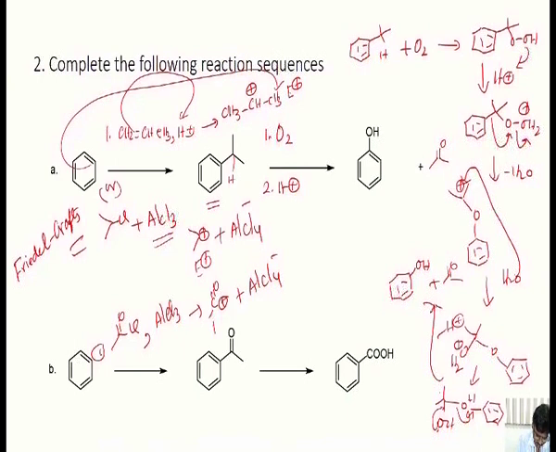This can act as electrophile, which can undergo acylation with this aromatic ring, as we have just seen, and you will be able to get this acetophenone as the product.